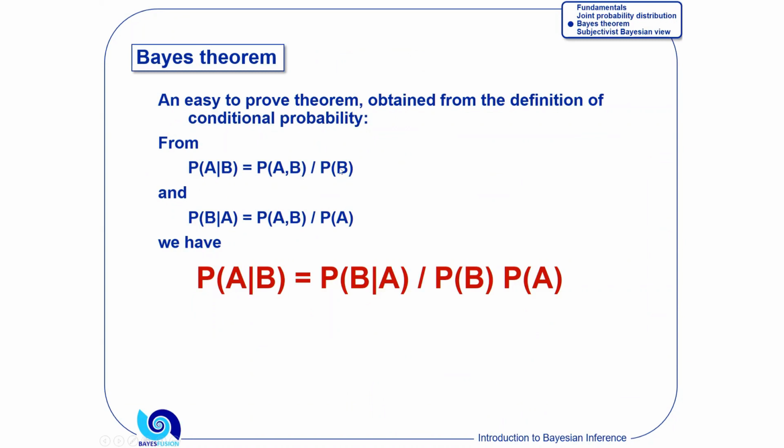So if you multiply the first equation, both sides, by probability of B, the second by probability of A, you will get on the right-hand side probability of A and B jointly. Then the left-hand side should be equal. You transform the equation and get a formula that is known as Bayes' theorem.